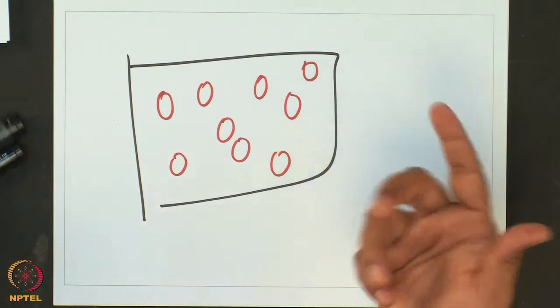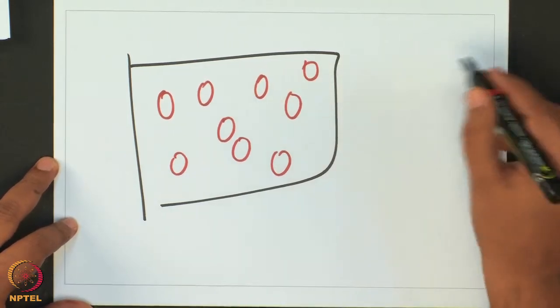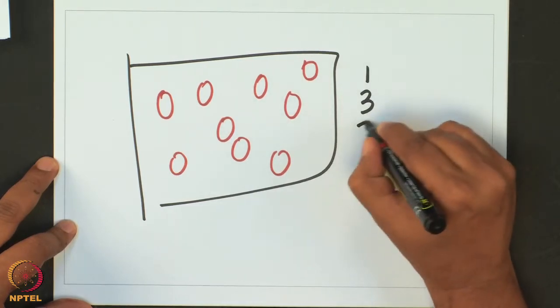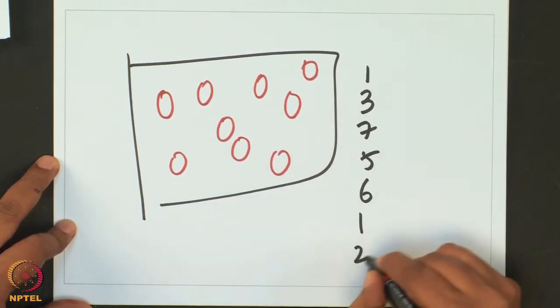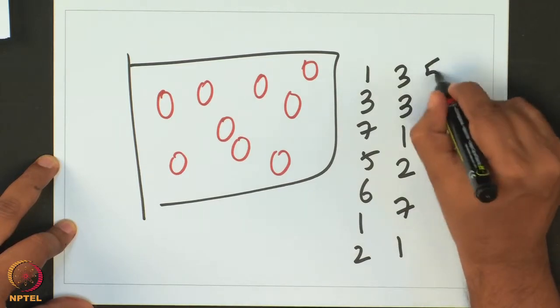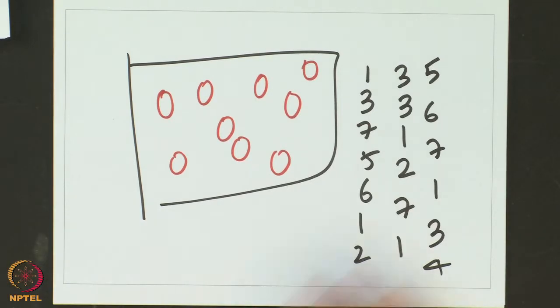Let us say the concentration is in micromolar or nanomolar, but it could be like 1, 3, 7, 5, 6, 1, 2, 3, 3, 1, 2, 7, 1, 5, 6, 7, 1, 3, 4. You would get a similar set of numbers from any other health related quantity, or any quantity that you measure in a particular experiment. Whatever the quantity, you would get a set of numbers for a population.